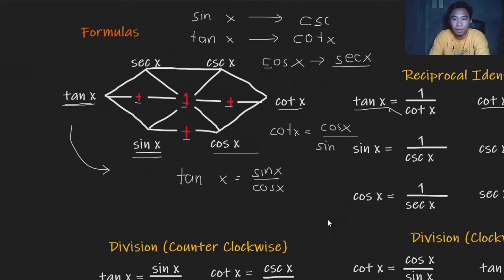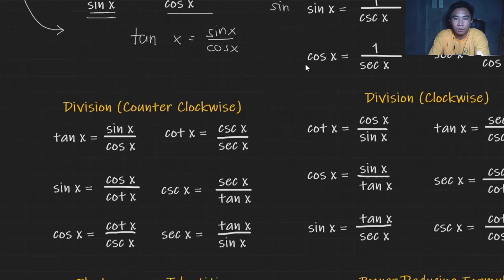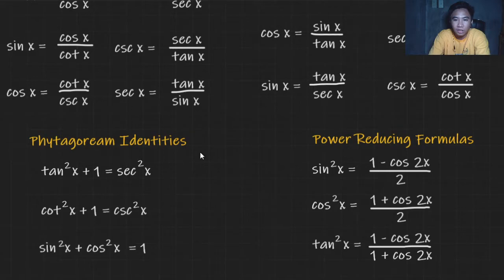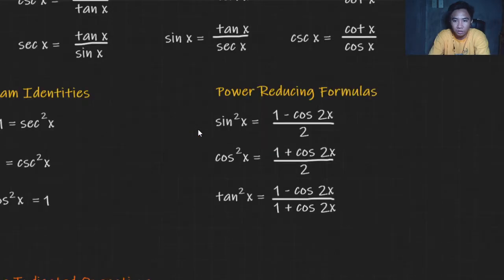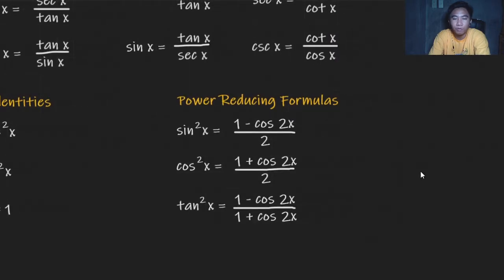Okay. So, try to remember yung mga yan. And then, ito din naman is additional. Ito yung mga common na ginagamit. So, si power reducing formula. Sine squared x is equal to 1 minus cosine 2x all over 2.